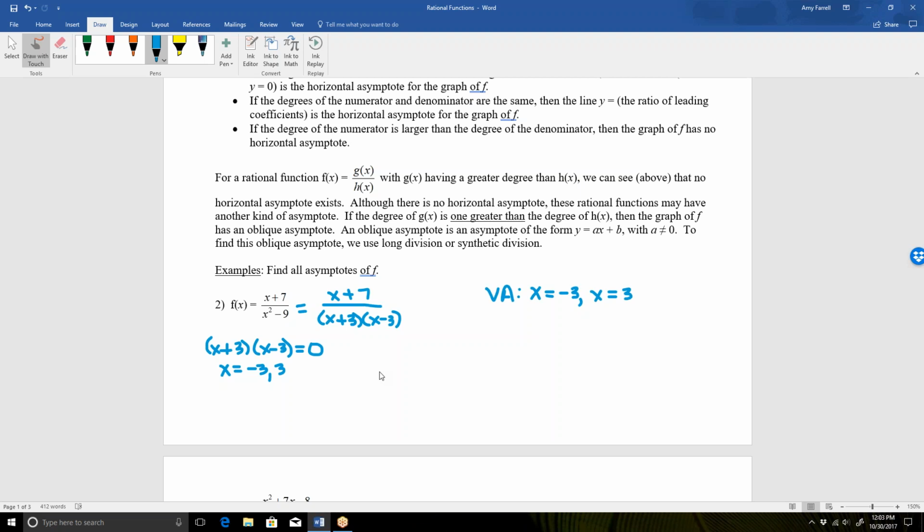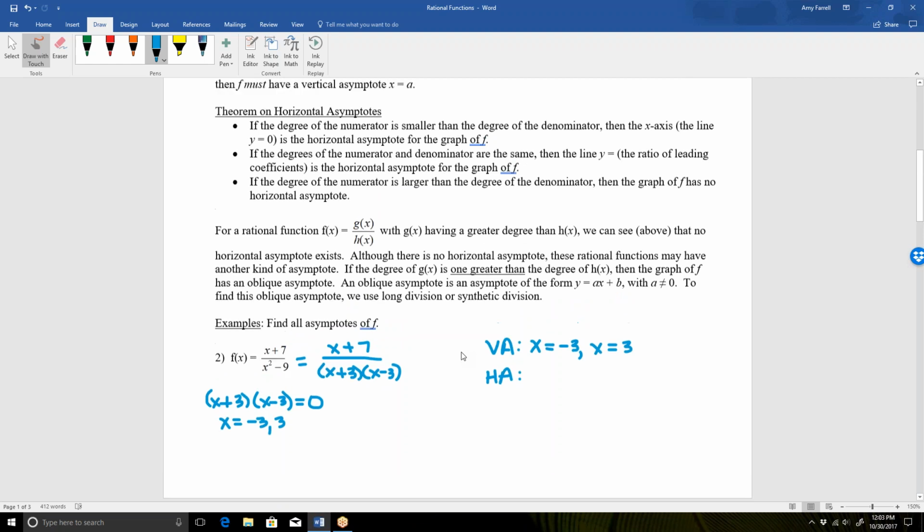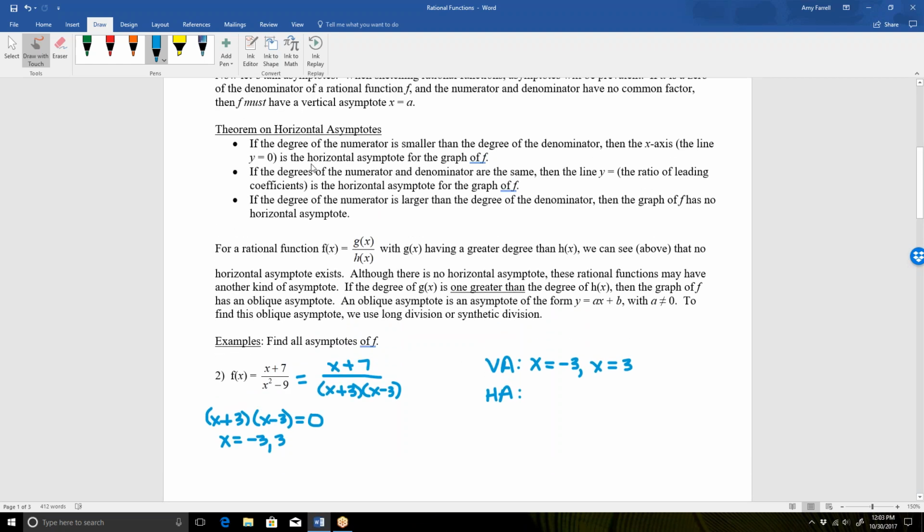Now, to determine the horizontal asymptote, if it exists, we have to look back up here at our theorem on horizontal asymptotes. What really matters is the degree of the numerator and denominator. Now, the degree is the greatest exponent.